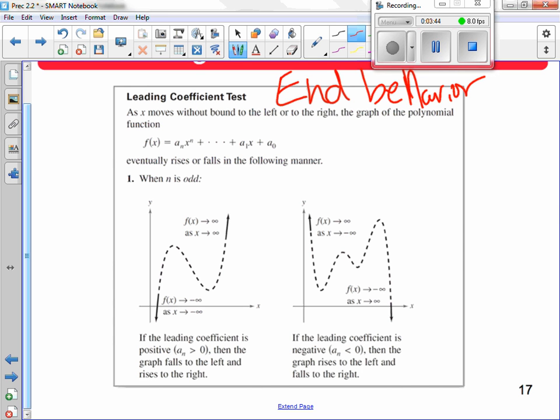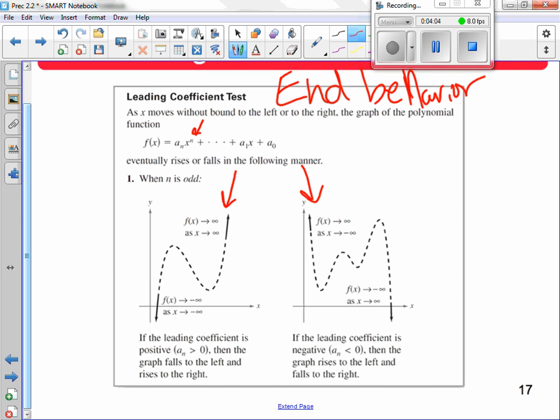If you remember this from last year, as it goes left to right, up or down, as x approaches positive or negative infinity. When n is odd, we're talking about an odd degree, so the biggest exponent attached to a variable is odd. It's going to do one of two things.